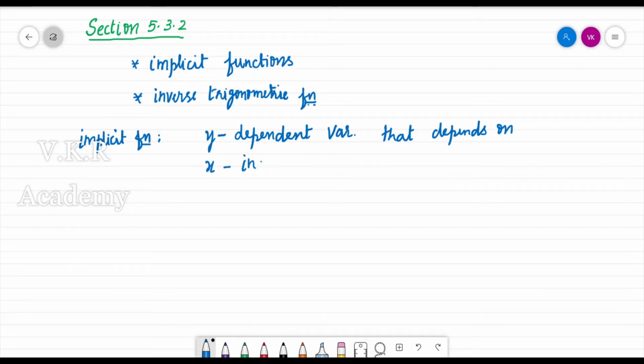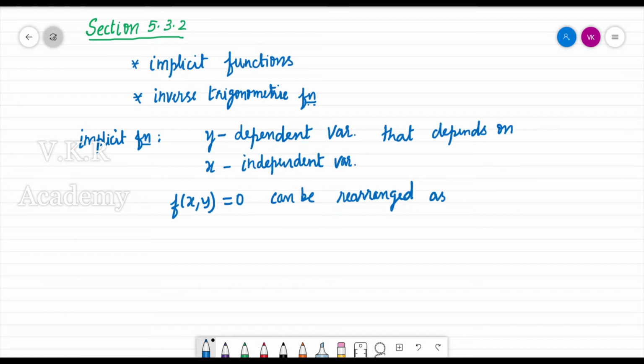Then if the relation between x and y, that is f of x comma y equal to 0, can be rearranged as y is equal to phi of x, then we say this case is an explicit function.